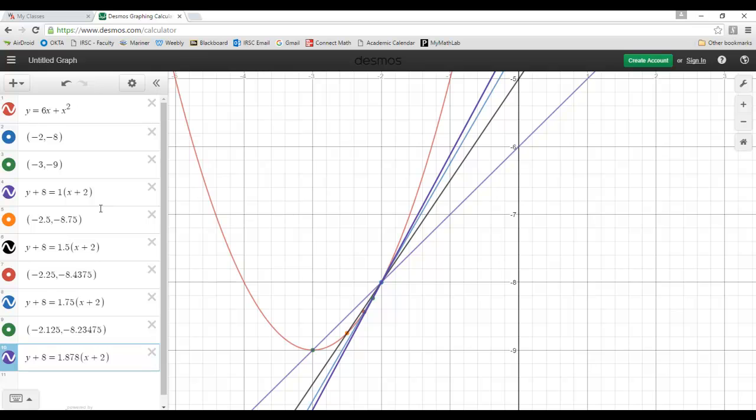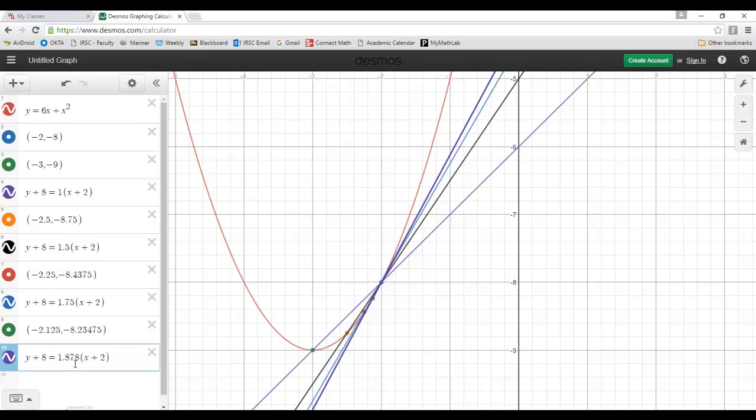Okay, the first slope we found was 1, right here. Our second slope we found was 1.5, right here. Our third slope we found was 1.75, right here. Now our fourth point was 1.878, right here. So obviously the slopes are increasing. Now the question is, are they approaching any specific number?